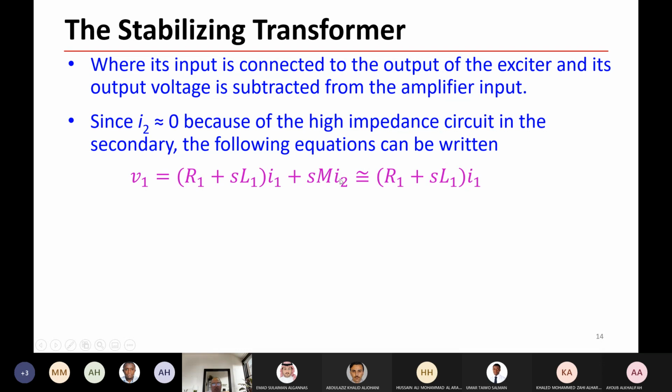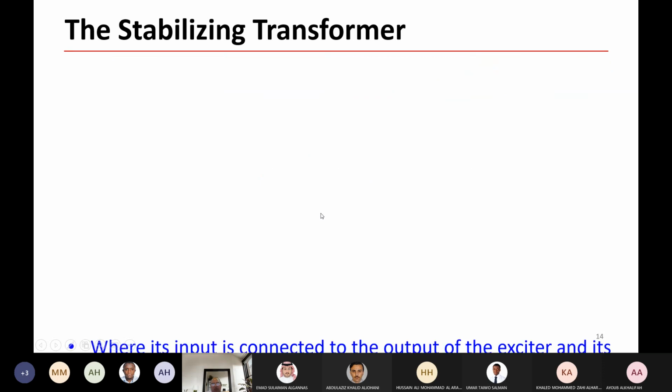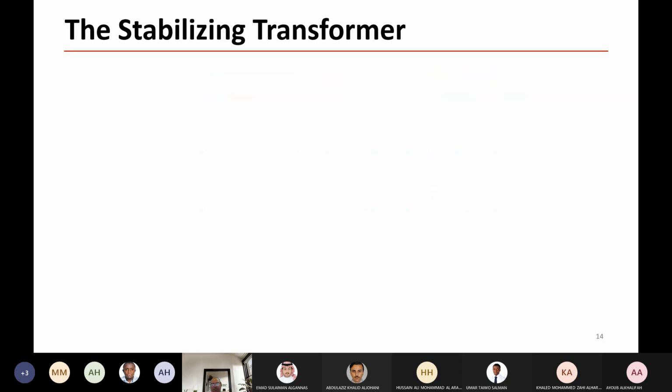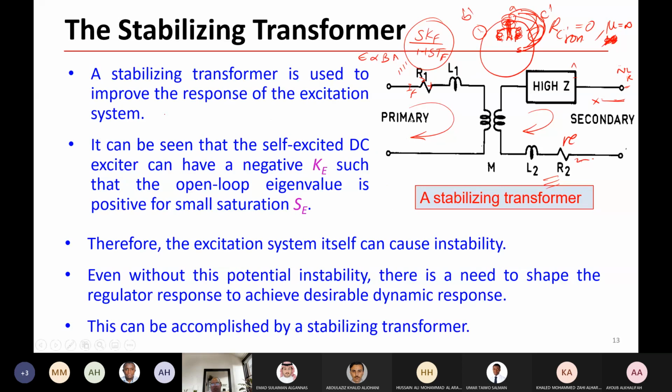Since I2 is approximately 0, this term is equal to 0, so we can approximate the voltage in the primary as (R1 plus sL1) times I1.